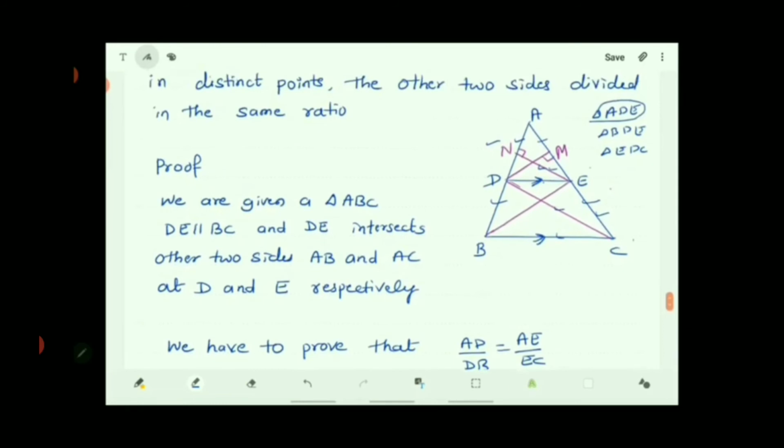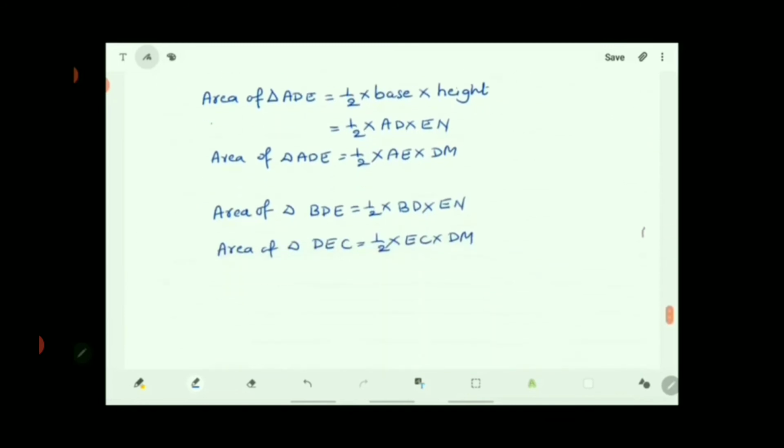So you got the areas of the triangles. Area of the triangle ADE in terms of two bases and two heights, that is half into AD into EN or half into AE into DM. Area of the triangle BDE is half into BD into EN. Area of the triangle DEC is half into EC into DM. We got four areas here.